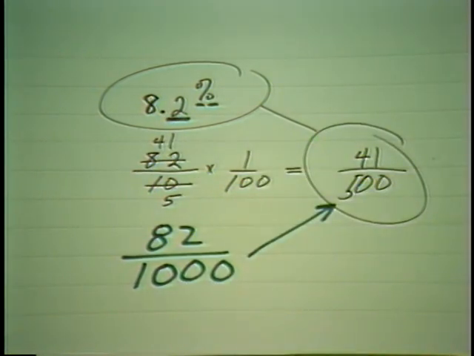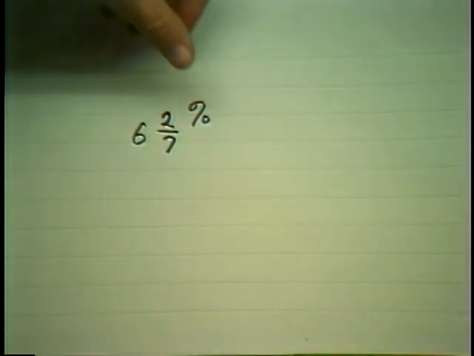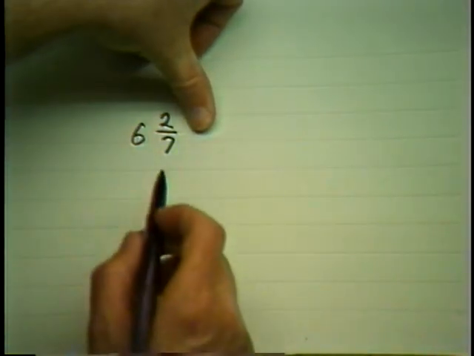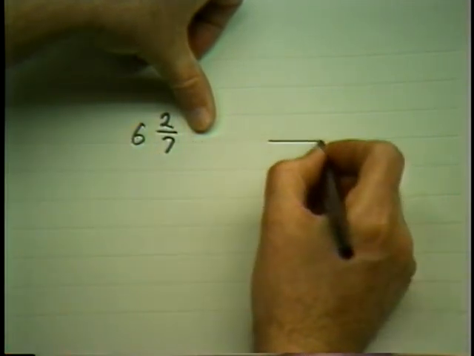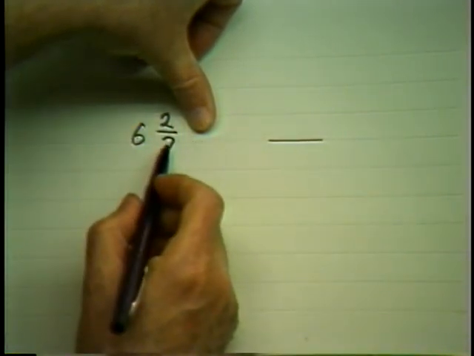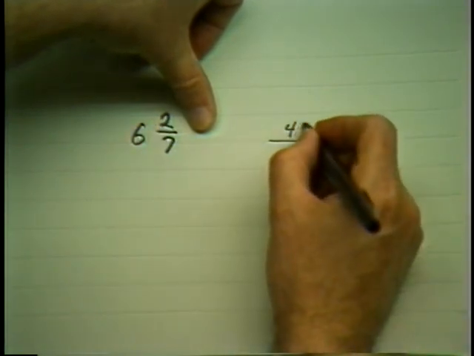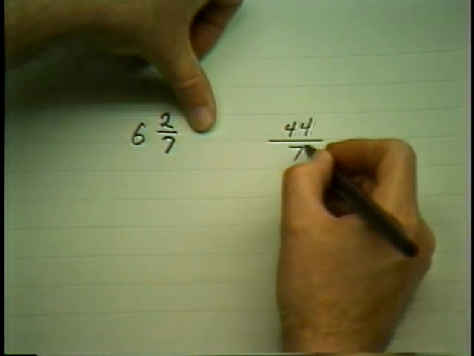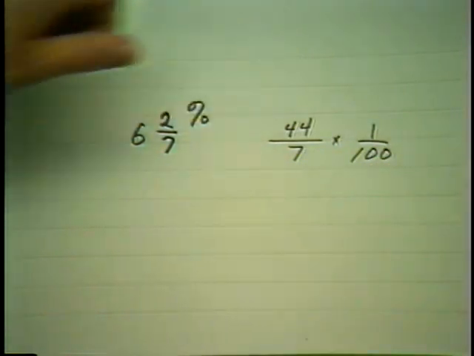Let's try the next couple of problems by both methods, the standard method and this peculiar shortcut. Now the standard method, drop the percent, change to a fraction, but now that would be an improper fraction. So that would be 42, and 2 is 44 sevenths. Then multiply times 100.